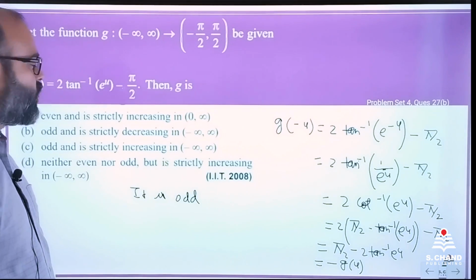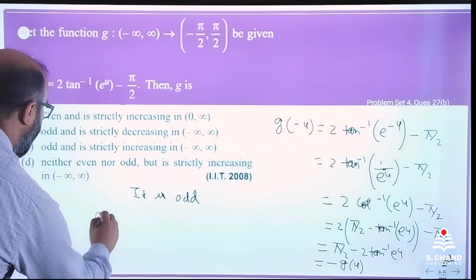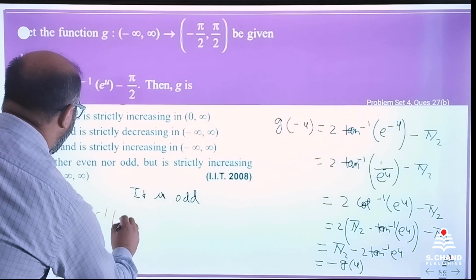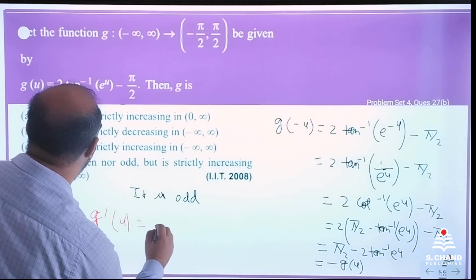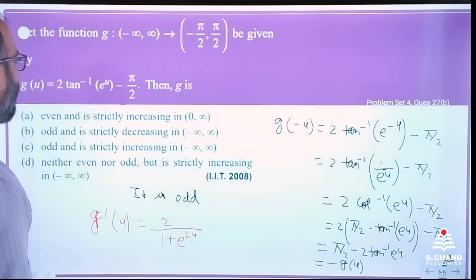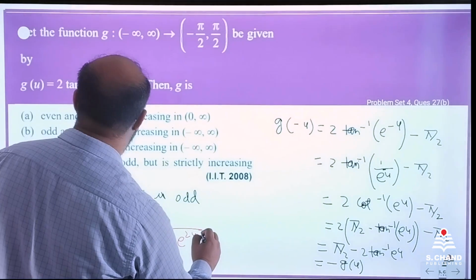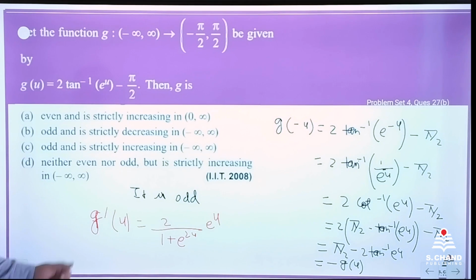Further, about increasing, decreasing, you have to differentiate it. When you differentiate it, what will happen? F dash of u, or here it is g, so g dash of u will become 2 by 1 plus e to the power 2u, and derivative of e to the power u is e to the power u. So this is what we are getting here.